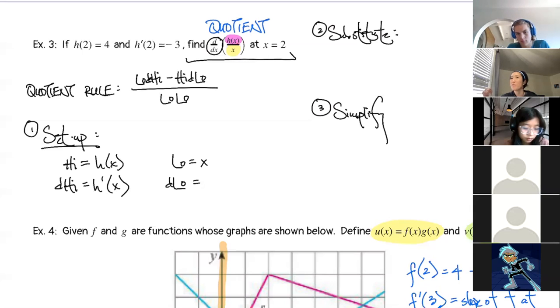Okay, but what is it? We've learned so many rules now. Yeah, this is a case where we can use the power rule. This is x to the 1. So using the power rule, 1x to the 1 minus 1, which gives us 1.